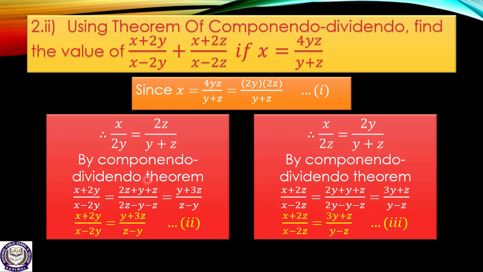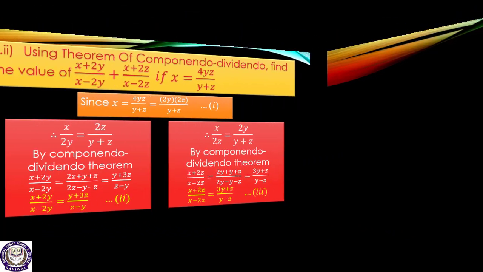By applying componendo-dividendo theorem on both cases, we get two equations. (x + 2y)/(x - 2y) is equal to (y + 3z)/(z - y), and (x + 2z)/(x - 2z) is equal to (3y + z)/(y + z). As we can observe, we get two equations having the two terms from this expression. So we add equations 2 and 3 to find the value of the given expression.